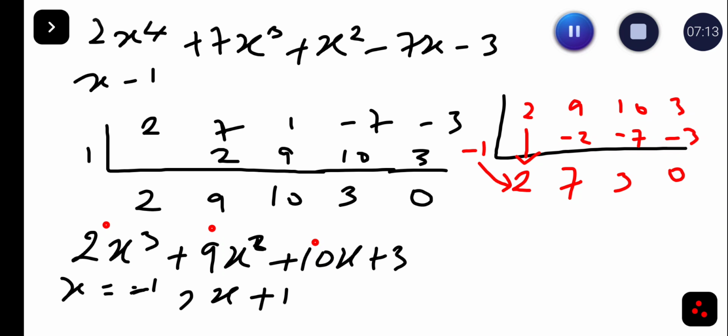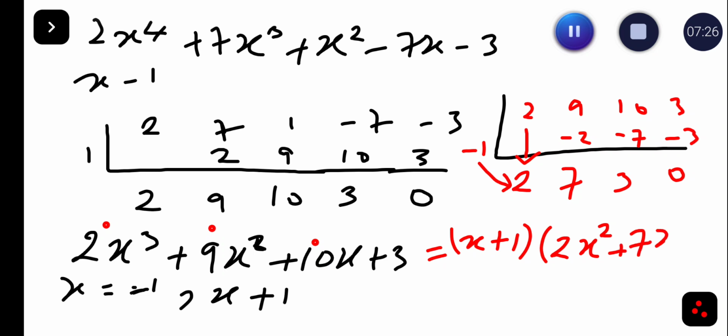Which means this polynomial has now been factorized to give us x plus 1 times 2x squared plus 7x plus 3. This is the factored form. Now if you factorize 2x squared plus 7x plus 3, you take 2 times 3, which gives 6.